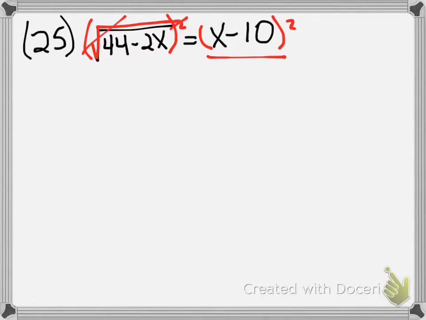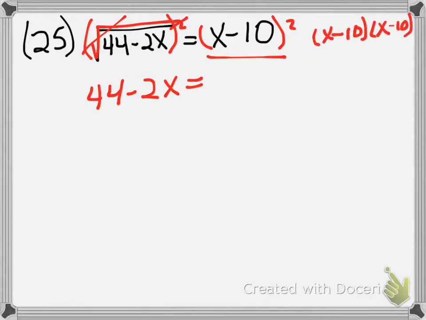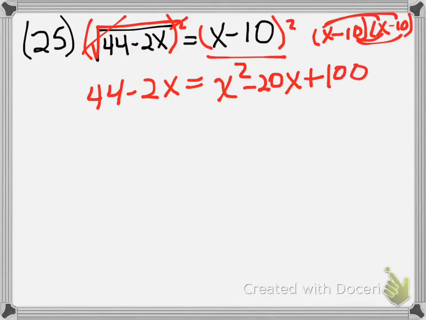So squaring my square root cancels, but x minus 10 squared means x minus 10 times x minus 10. I can use FOIL, or I can use the process we learned last chapter where you square a binomial. Either way, I'm going to get x squared minus 20x plus 100. That's what you would get if you did FOIL also.